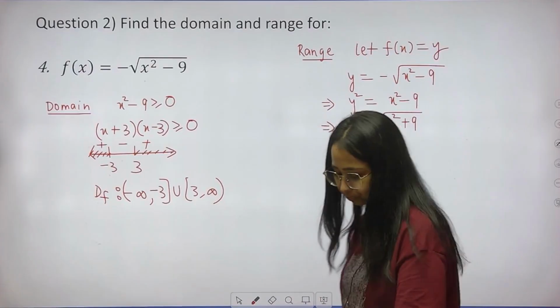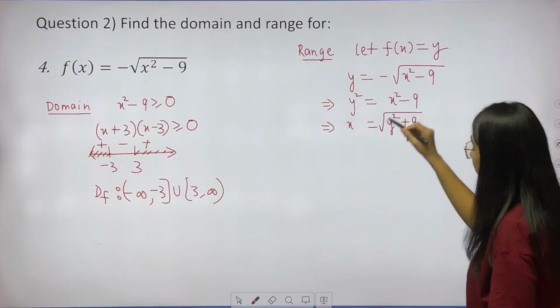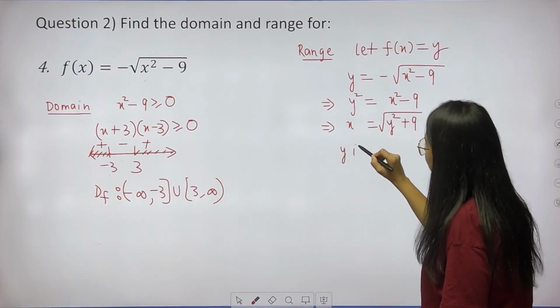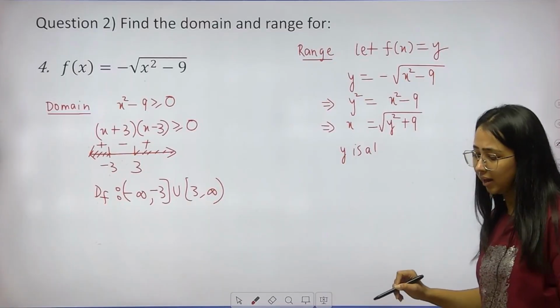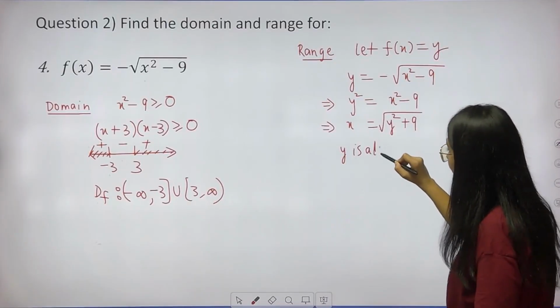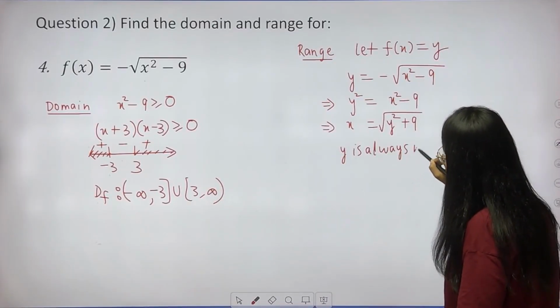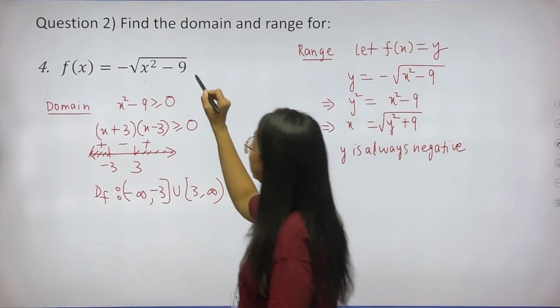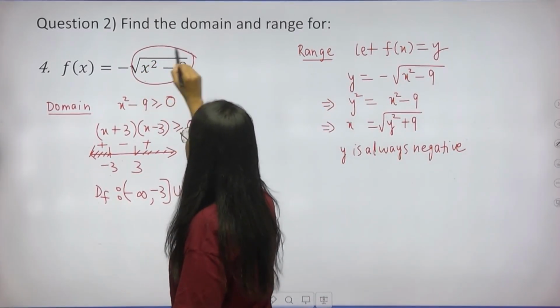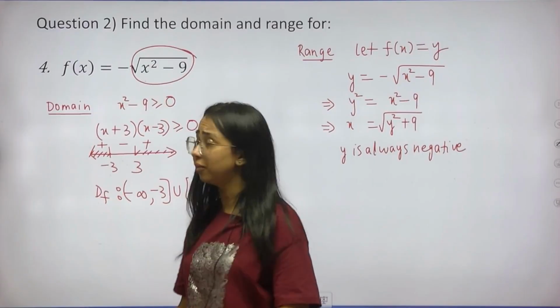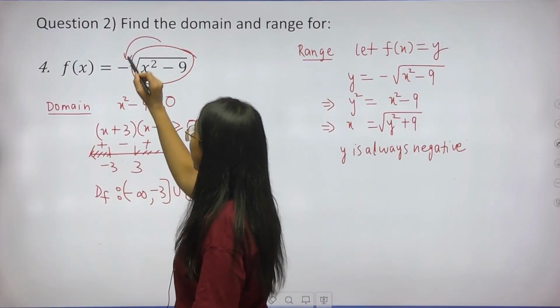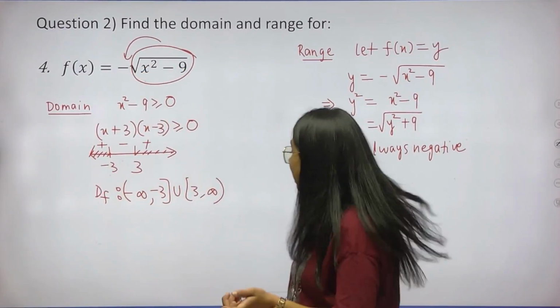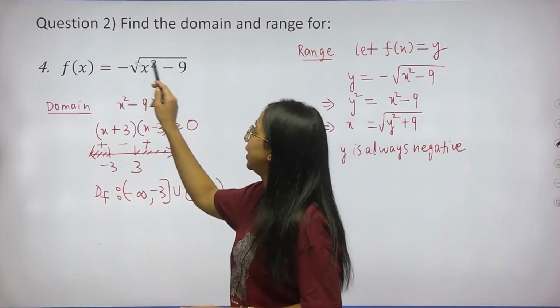All right. So definitely y is always negative, because this particular root will always be positive, whereas if we multiply it with a negative number, then the output becomes a negative only.